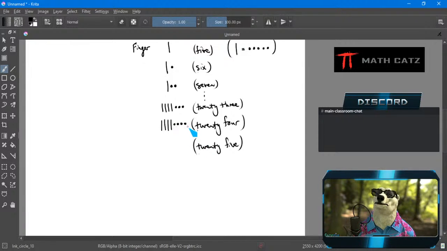However, then I would have 5, and 5 rocks become a finger. But then I have 5 fingers. I need a new symbol. And they have the hand symbol. So that would be 25. 5 fingers, so 5 groups of 5.